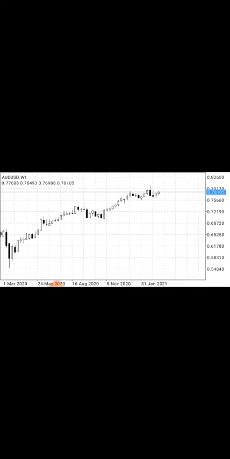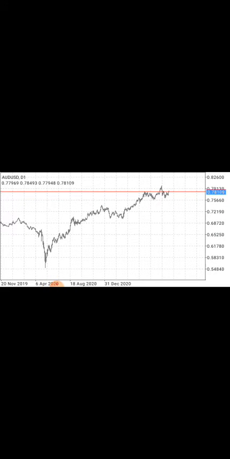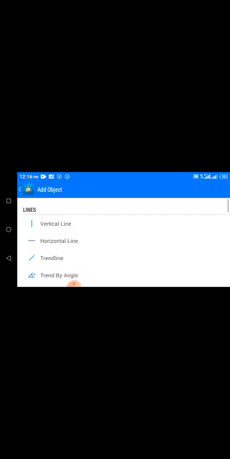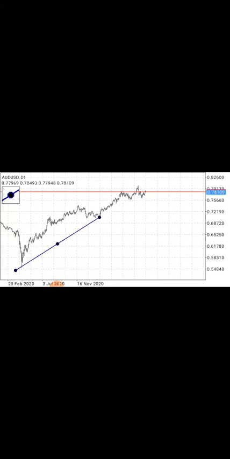Okay, this is the weekly. Let me switch to the daily time frame. From the daily time frame, if I zoom this out, I'll have a trend line here. There can be trend lines in this place, this place.